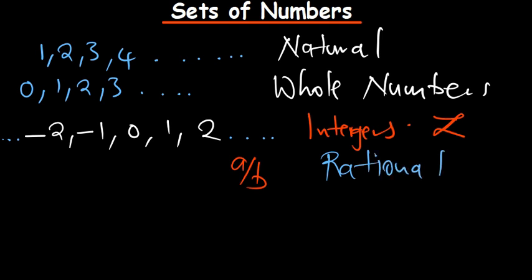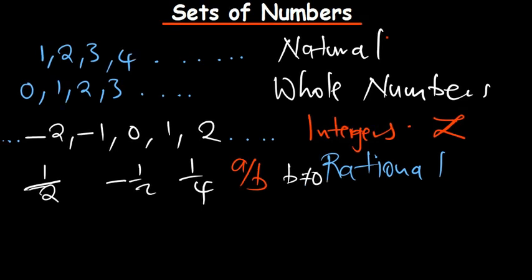In addition to the integers, these include fractions like 1 over 2. Any number that you can express as a fraction a over b, including the integers, is rational. Except b can never be equal to 0.